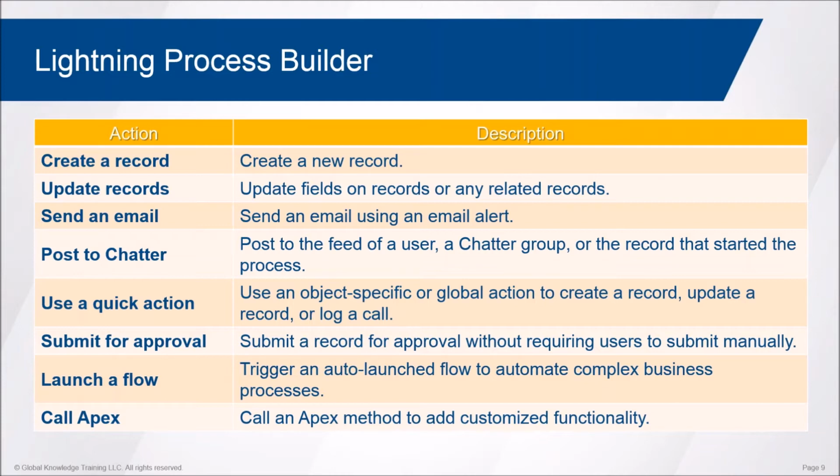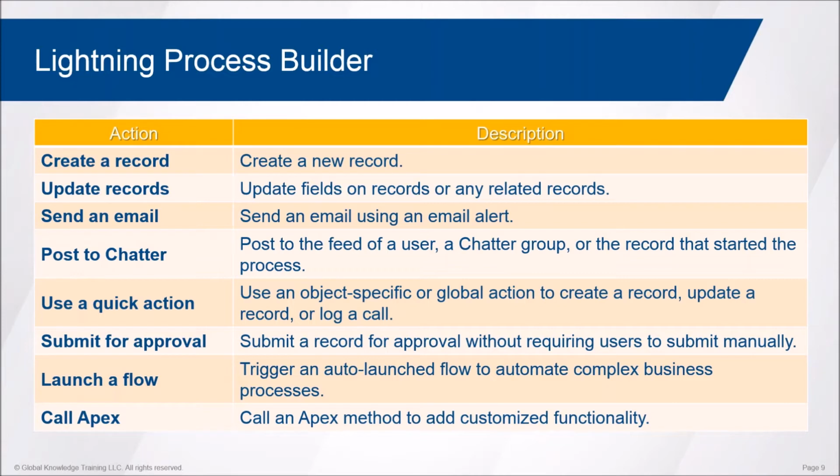But what's really nice about this being available in the Lightning Process Builder is our ability to declaratively, in other words, through the setup tree and through clicking and configuring in the application, have record information get created. Similar to the example I just provided, when we close business, we have an order record created.